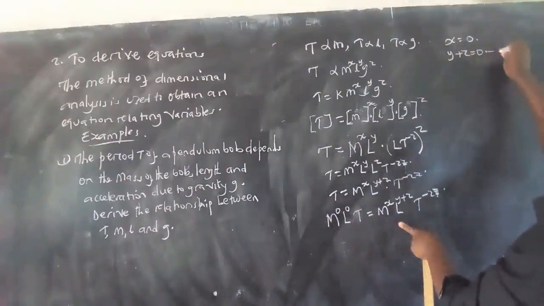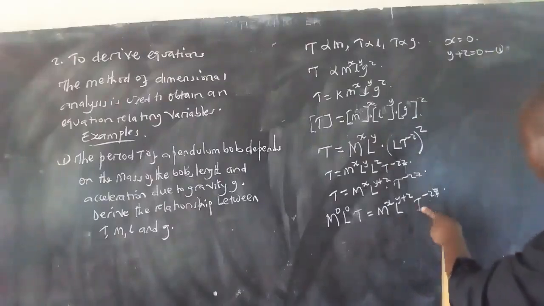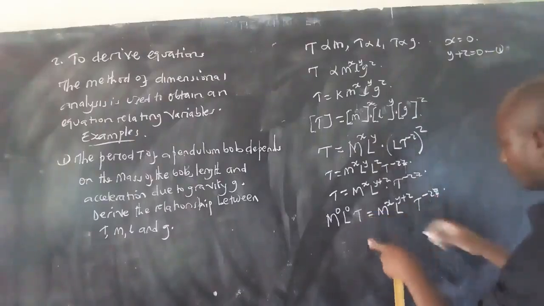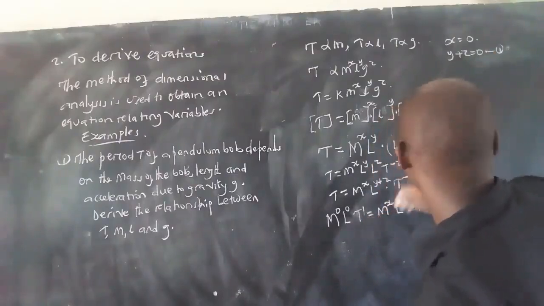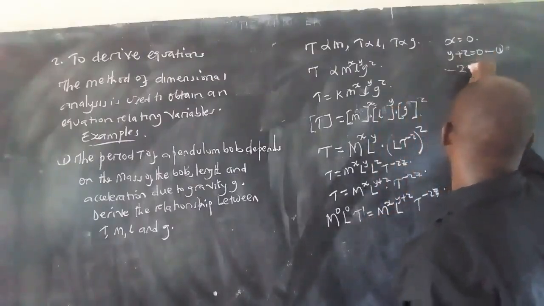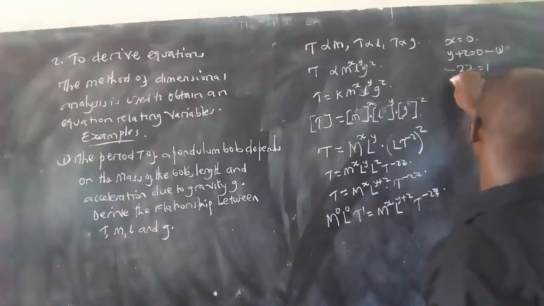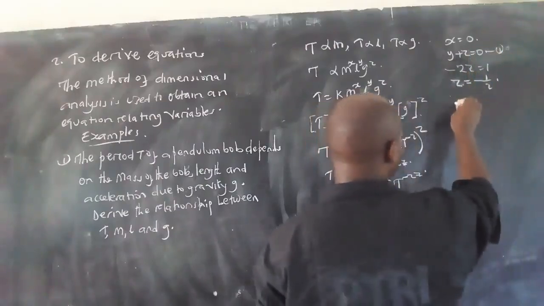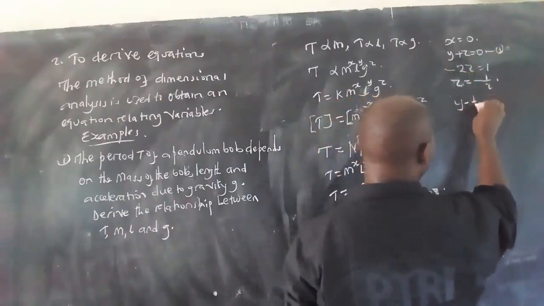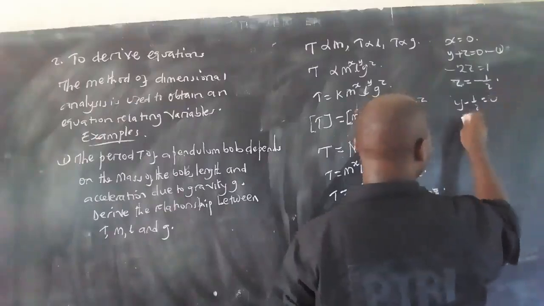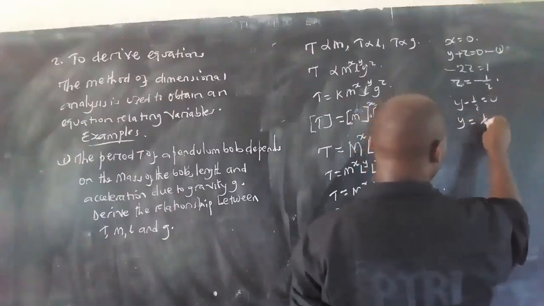Then we go to equation 1: negative 2Z is equal to 1. So Z will become negative 1 over 2. Then substitute here: Y minus 1/2 is equal to 0, which means Y is equal to 1/2.